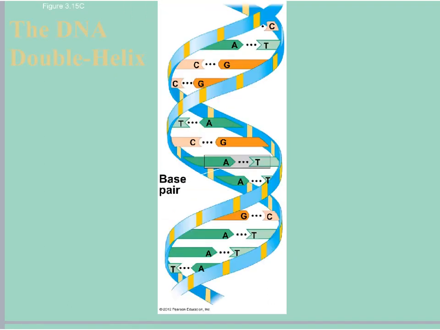Okay, DNA normally exists as this double helix. So here's one side of that helix, and here's another side of that helix. And the nitrogenous bases are here. So adenine, thymine, cytosine, guanine, and so on.